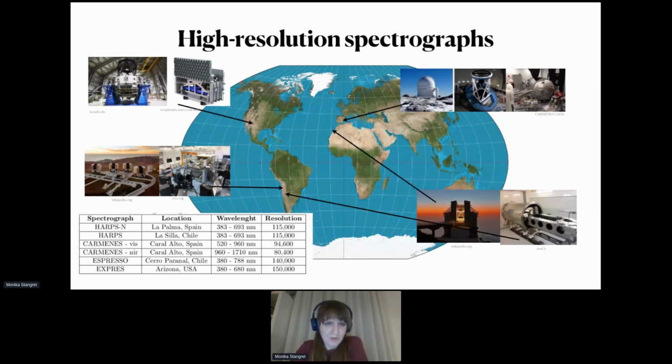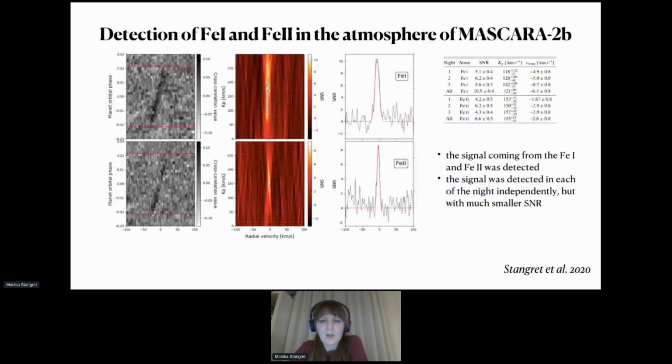And here I will show you some results, some real data. One is my first work, which focused on studies of the atmosphere of MASCARA-2b, which is an ultra-hot Jupiter, more than 2200 kelvins. And I was looking for iron and ionized iron in its atmosphere using the cross-correlation method, because those two, iron and iron 2, have hundreds of lines, so the cross-correlation method is the best for them.